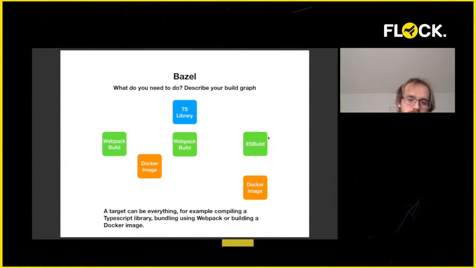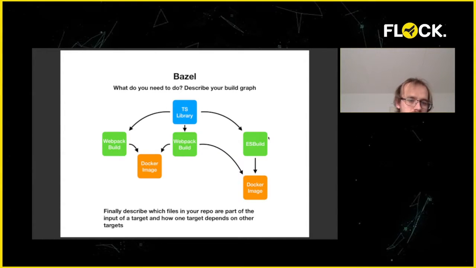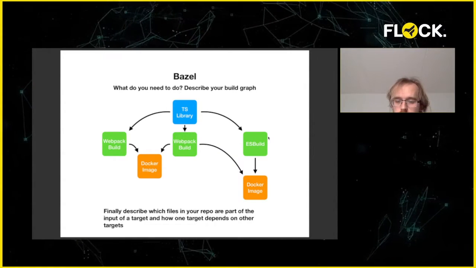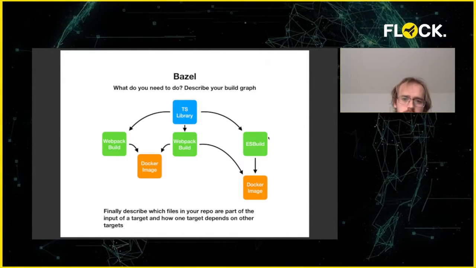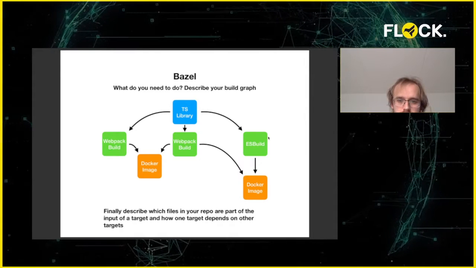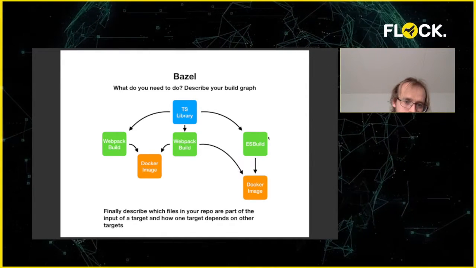All these targets are related to each other. So one target might depend on the output of another target. And it's your task as an application developer to describe this build graph.